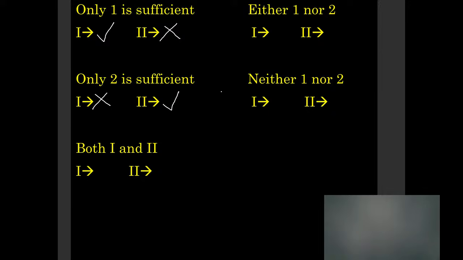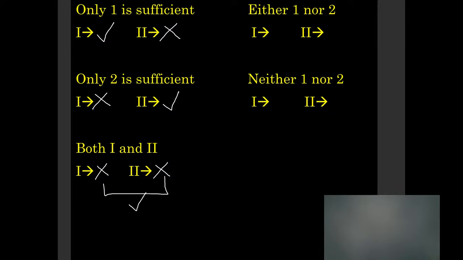Next, both one and two. Suppose from the first one we cannot get the answer, from the second one also we did not get the answer. What we should do is combine both the statements' information. After combining both the statements' information, we got the answer. So in that case, we should take the answer as both one and two are required.